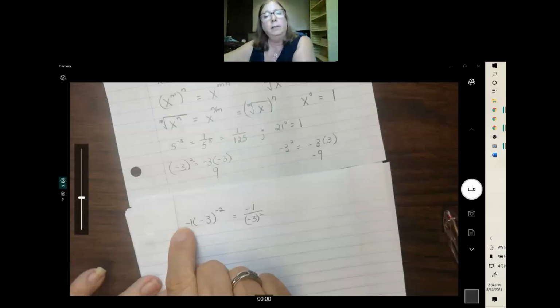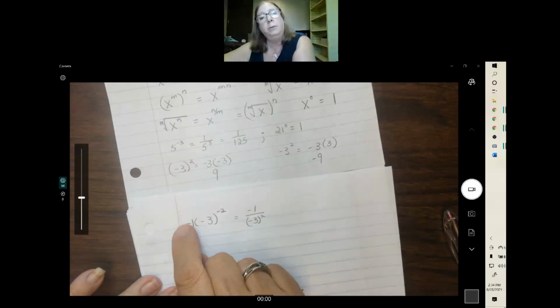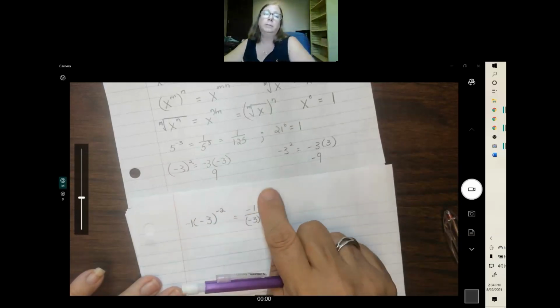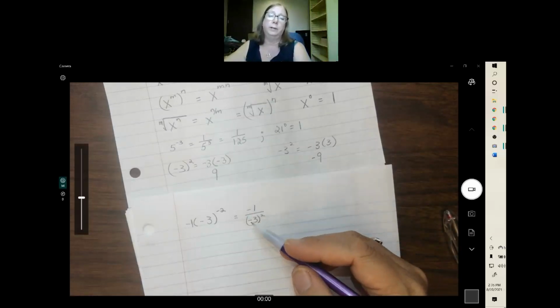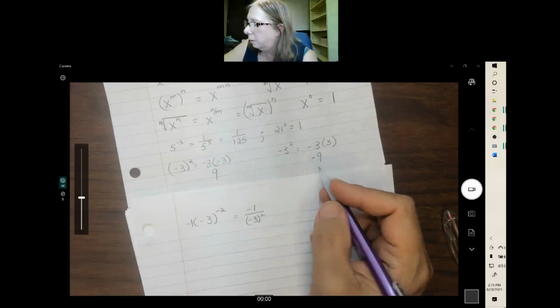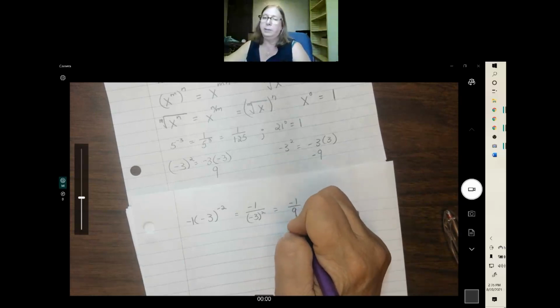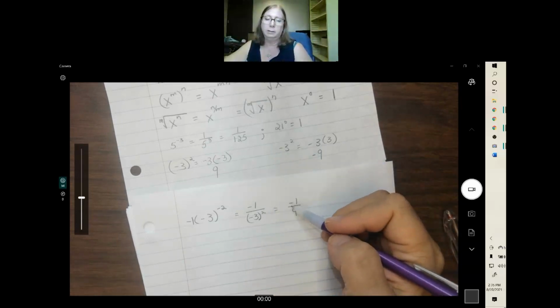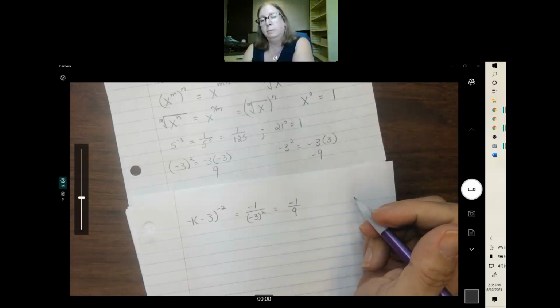This negative isn't in the quantity, so it doesn't move down. If there was a different number here, it would also stay up there. So it's a negative 1 over negative 3 quantity squared. Negative 3 times negative 3 is a positive 9. So our answer is a negative 1/9. Any questions on that?